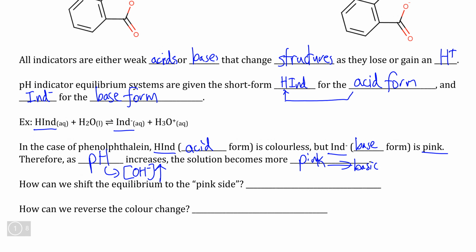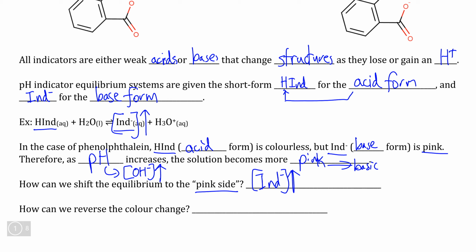And we can see this by taking a look at the actual equilibrium system and analyzing it from the perspective of Le Chatelier's principle. So the pink side is indicated by the fact that we have a higher concentration of the basic form of the indicator. So whenever the concentration of the basic form of the indicator increases, this is due to the equilibrium shifting towards the basic form.